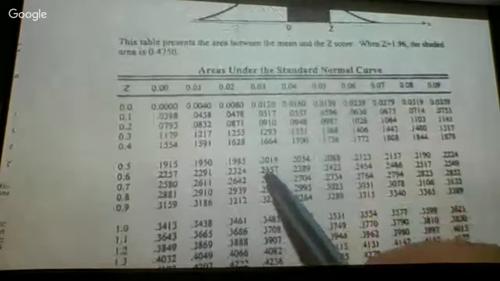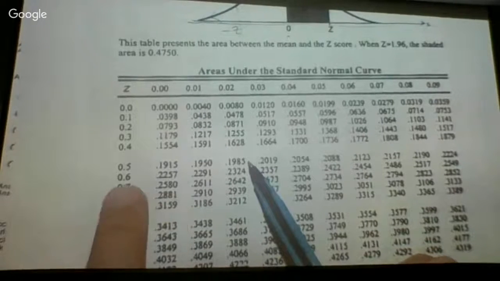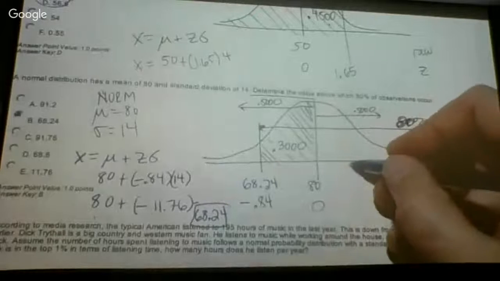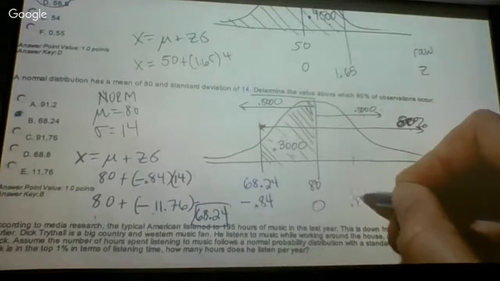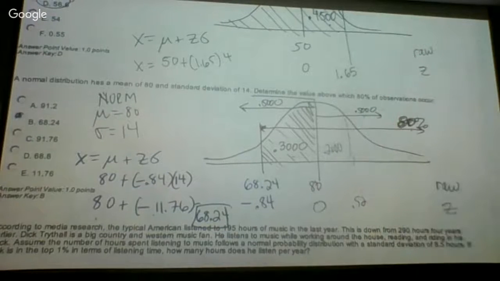If I looked up an area here of 0.2000 and got a z of 0.52, that's just telling me that going to a z of 0.52 gives me an area of 0.2000 between the mean and z, but it does not give me anything to do with the tail.